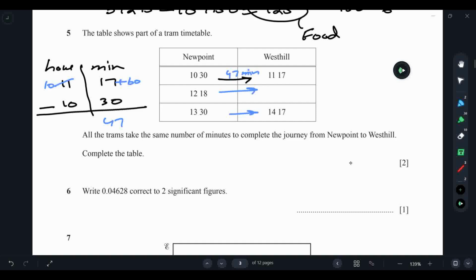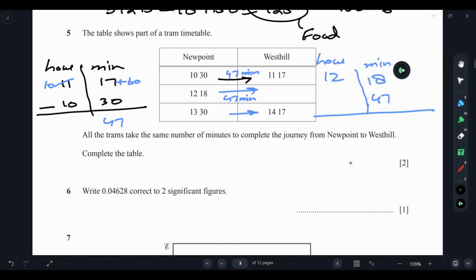Now we need to add this difference. At New Point we have 12 hours 18 minutes, and we need to add 47 minutes, because the time difference is 47 minutes.